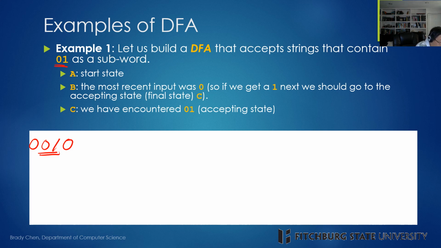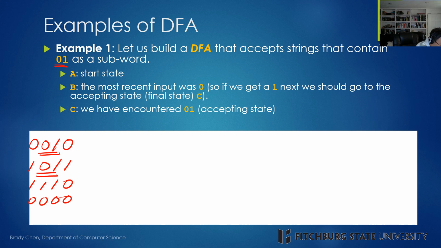What about the second one? Let's say 0, 1, 1, 1. What do you think? This string should be accepted as well, right? Because it contains 0, 1 as a subword. Now, let's take a look at another string: 1, 1, 1, 0, and 0, 0, 0, 0.